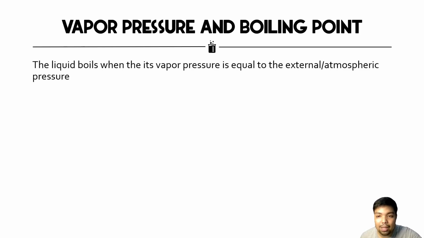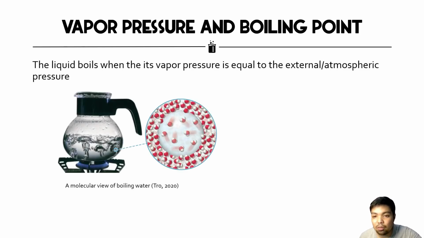So what happens here when the liquid boils? That boiling action that we see is due to bubbles, due to the liquid escaping to the vapor phase at the middle of the bulk of the liquid.